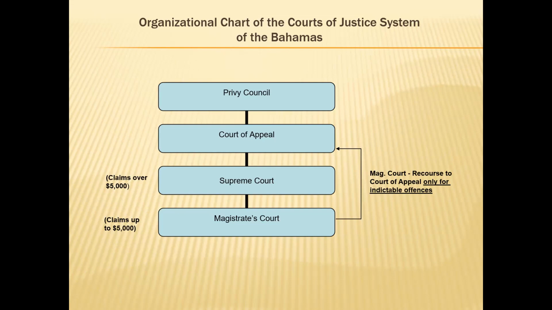Now, let me refer to your book, page 66. I'll just read that section on judgments. A judgment is issued by the courts against the defendant for the value of the matter heard by the court.